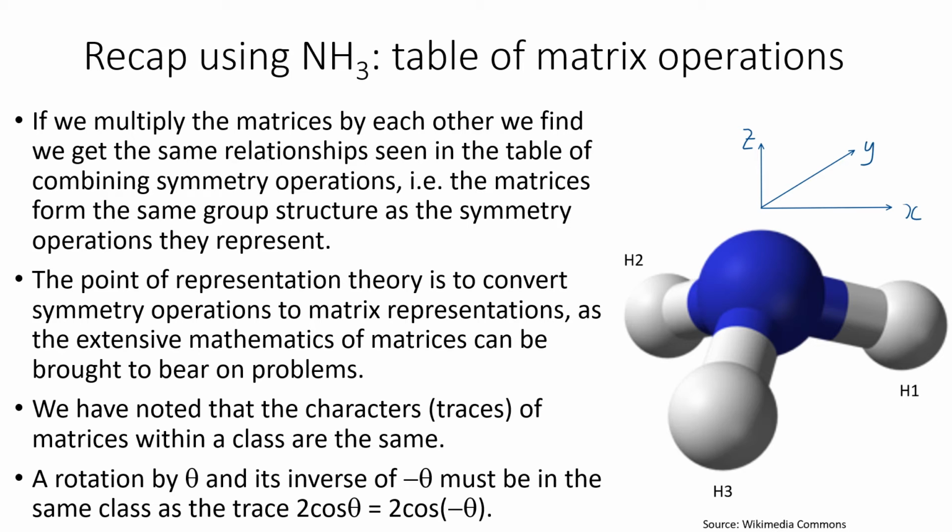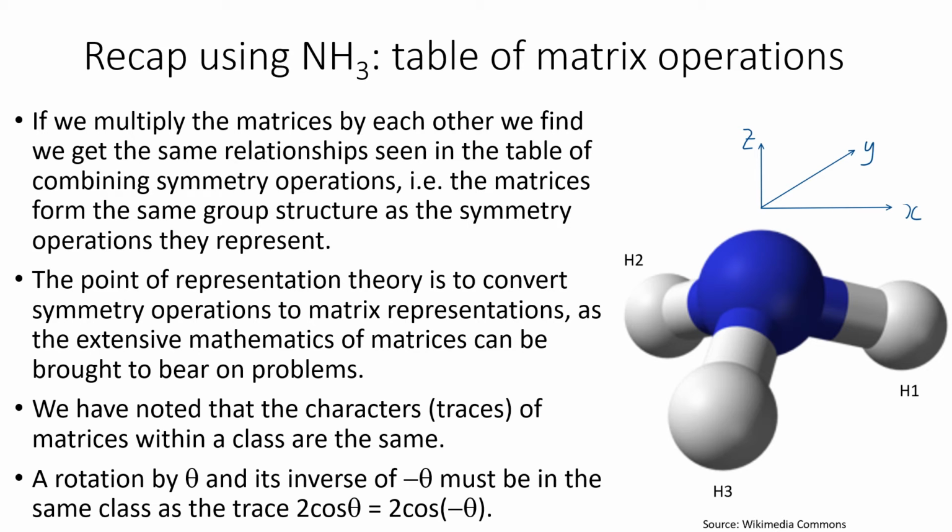And so in that sense, all of these operations and their inverses must be in the same class, because whether the rotation is by theta or by minus theta, we find for these general rotations that the cos thetas, which we have on the leading diagonal of the matrix, the cos of theta is the same as the cos of minus theta. And so the trace 2 cos theta will be no different to the trace 2 cos of minus theta.